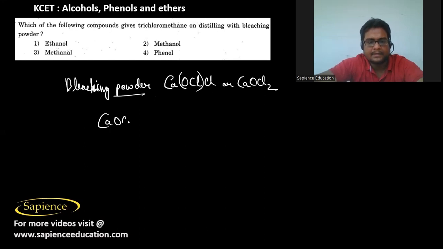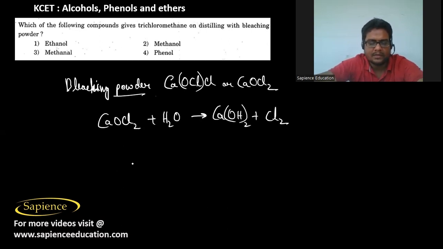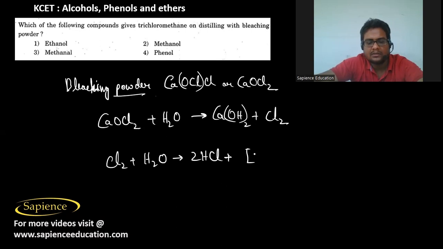Now this calcium oxychloride will react with H2O to form calcium hydroxide and chlorine Cl2. Now this chlorine will react with H2O to form 2HCl and one nascent oxygen. Now this nascent oxygen is a very good oxidizing agent.